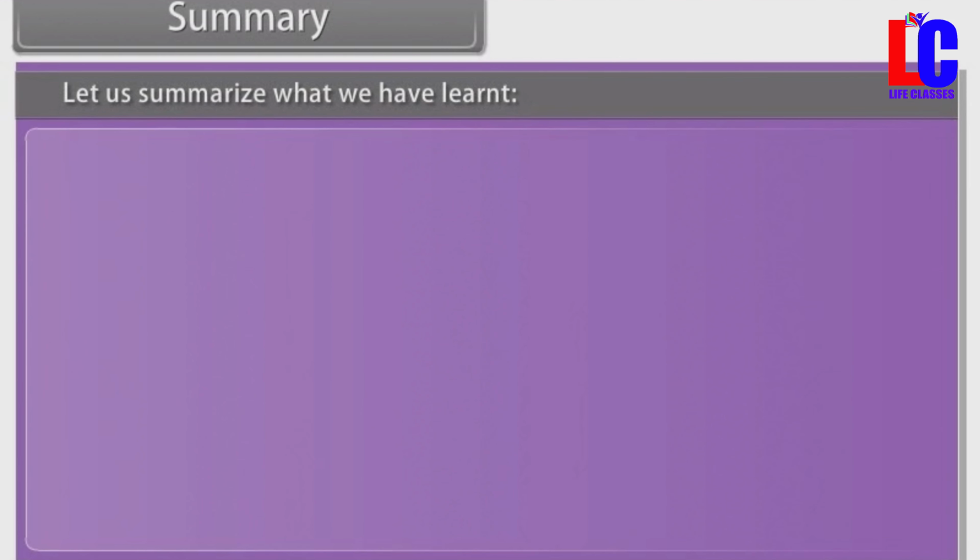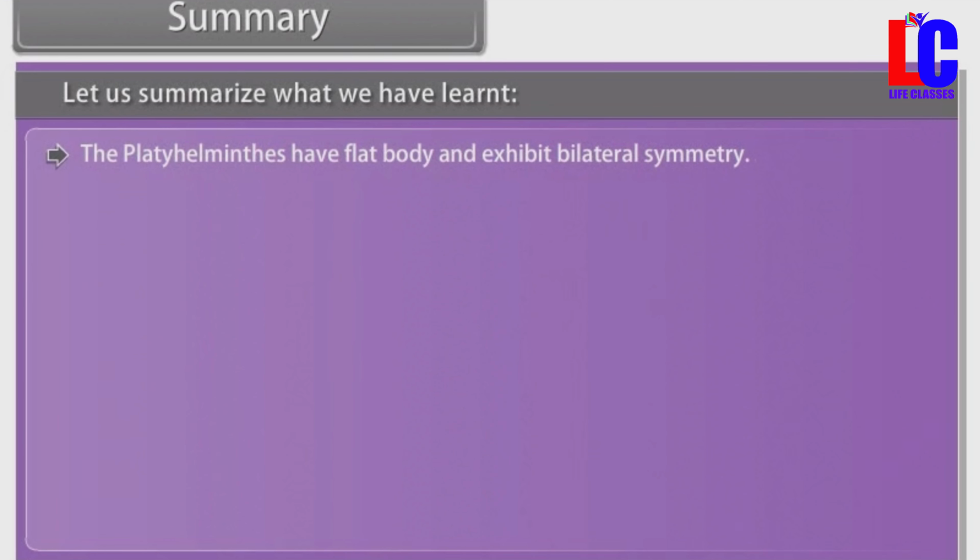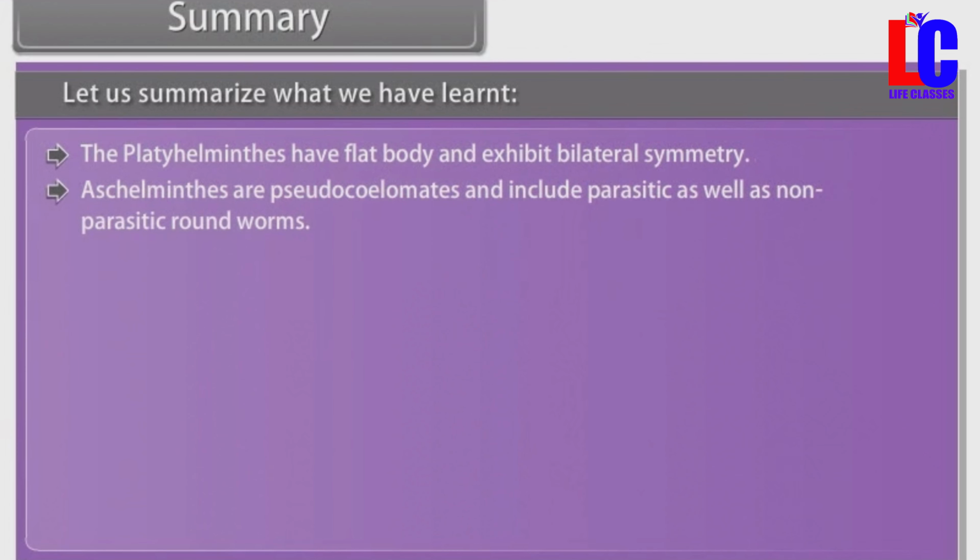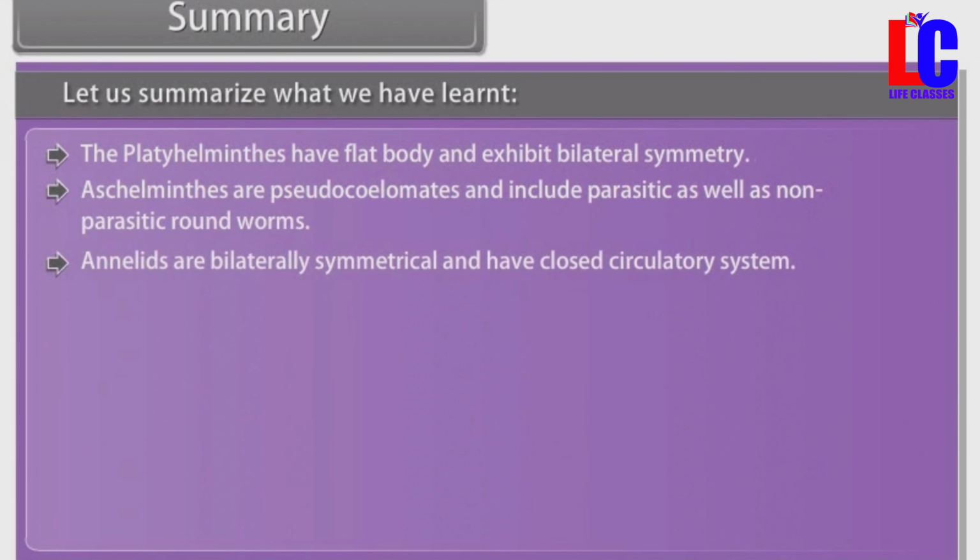Summary. Let us summarize what we have learned. The Platyhelminthes have a flat body and exhibit bilateral symmetry. Aschelminths are pseudocoelomates and include parasitic as well as non-parasitic roundworms. Annelids are bilaterally symmetrical and have a closed circulatory system.